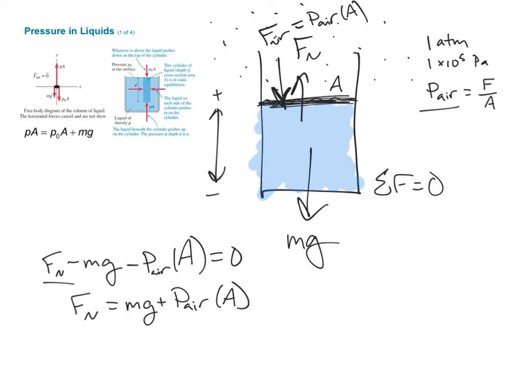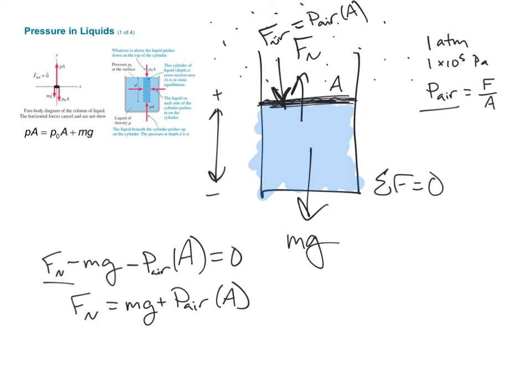Now you might ask yourself, why are we doing this? Our goal here is going to be to find the pressure at the bottom of the cup. And we know pressure is force over area. So if we find the force on the bottom of the cup, which would be equivalent to the normal force, we could divide that by the area of the bottom of the cup, and we would get the pressure at the bottom of the cup.